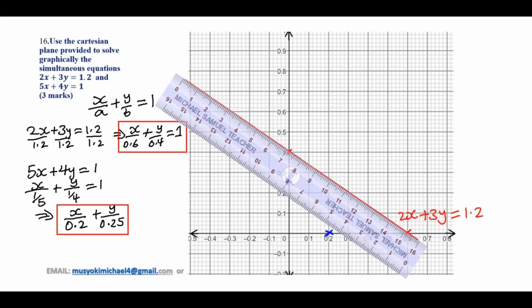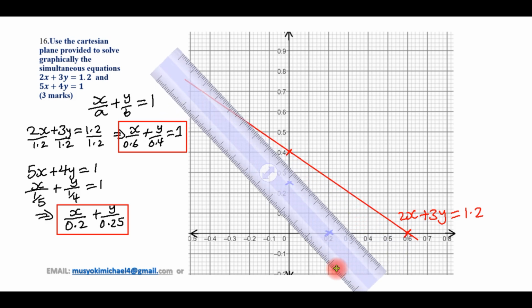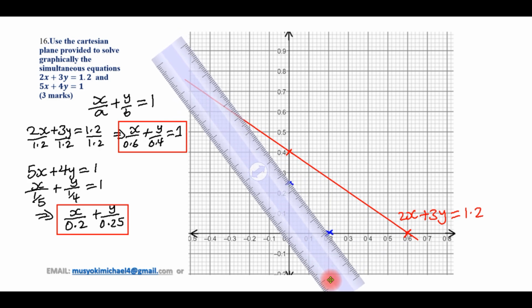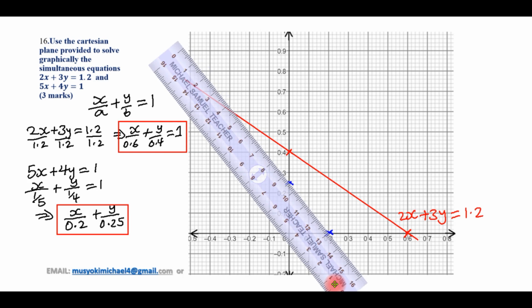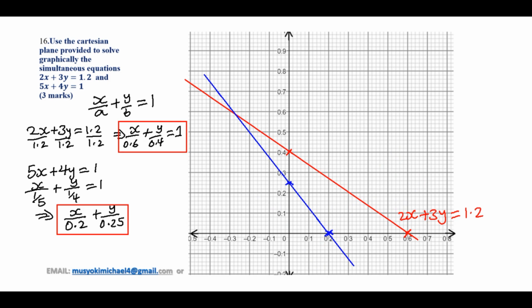Therefore, I also use a ruler and I join. So that is it. I also label it as 5x plus 4y is equal to 1.